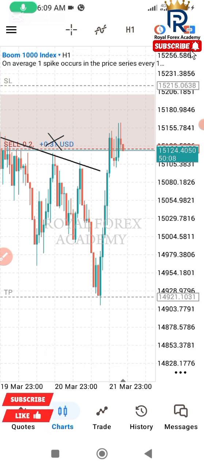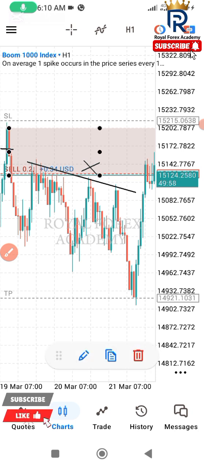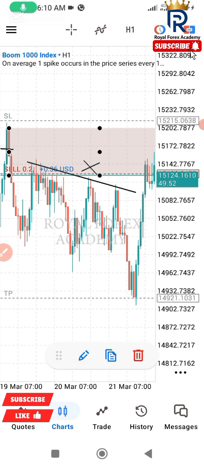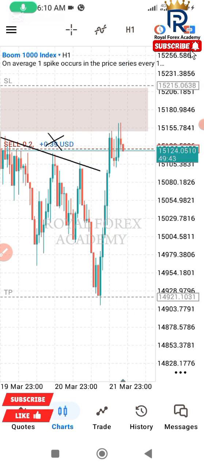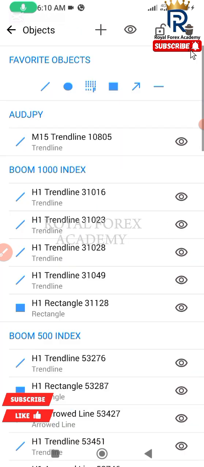Now, because this liquidity was taken, it comes to mitigate that particular candle. And then when it mitigated, look at what happened. We had this candle's behavior.